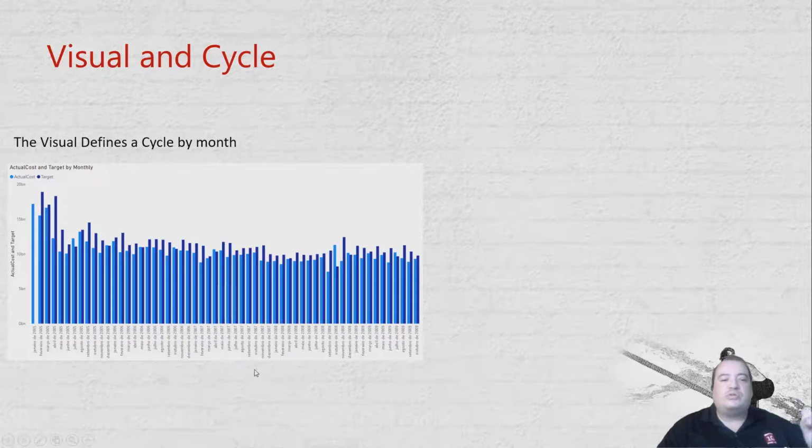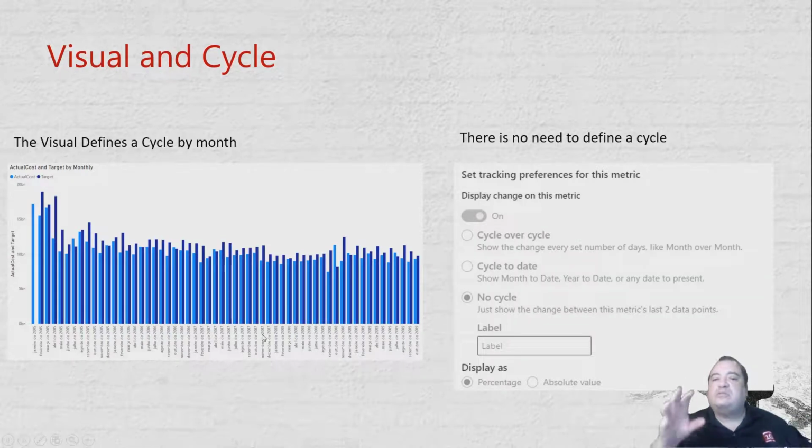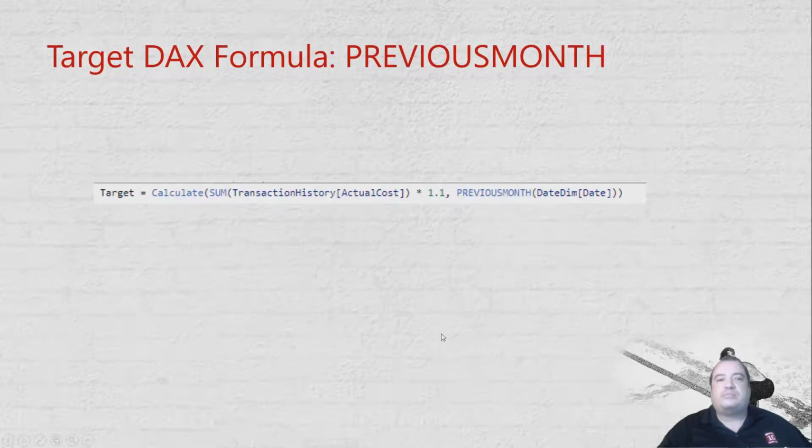With the visual defining the cycle of the metric, we don't need to define a cycle for the metric. This metric will be defined as no cycle, but still will have automatic check-ins created by the visual, by the series of information contained in the visual.